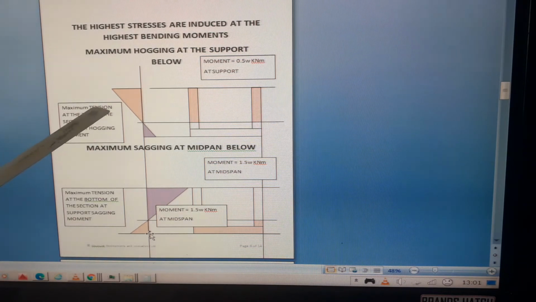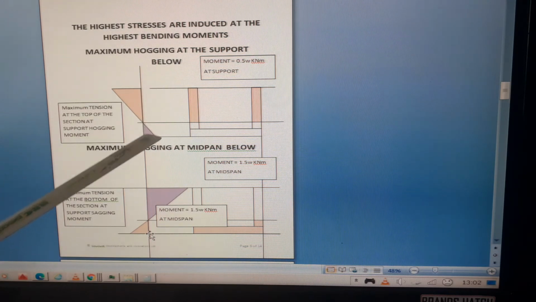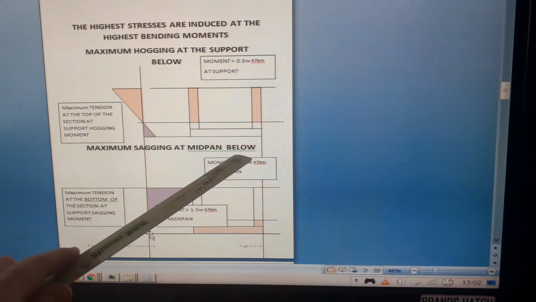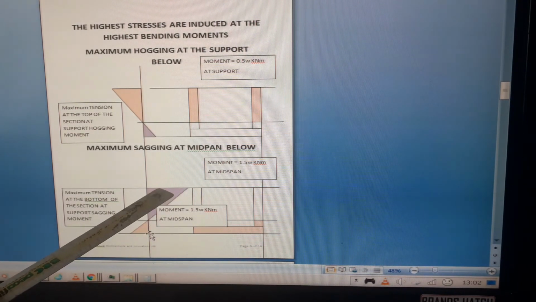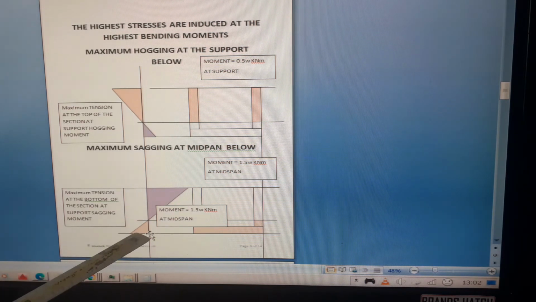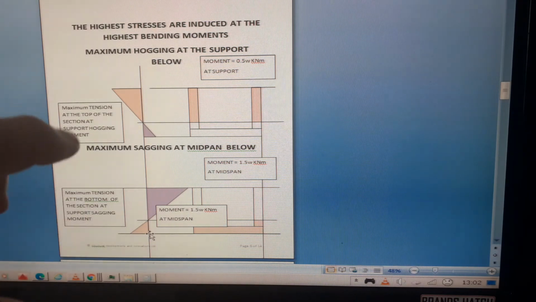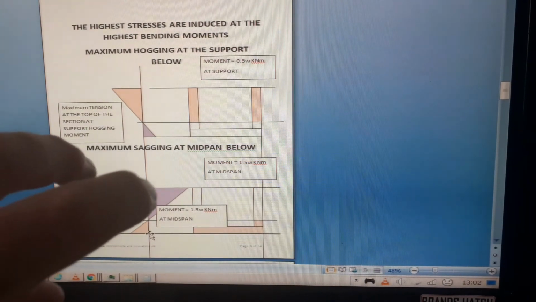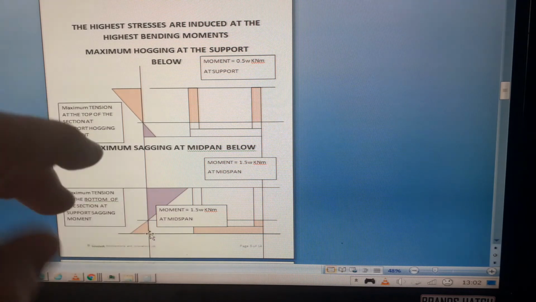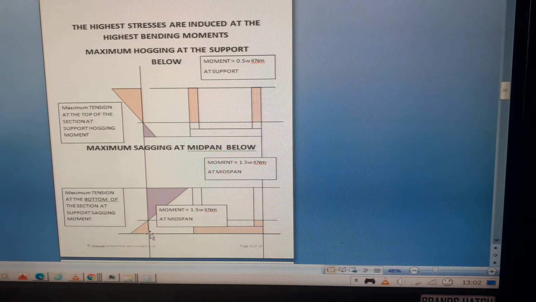That means the maximum tension at the top of the section at support. So tension at the top at the support, compression at the bottom at the support. And we've got maximum sagging at midspan. We've got maximum compression at the top, maximum tension at the bottom. So basically, it's just inversing. At the support, it's going to try and snap it at the top, and at the middle, it's going to try and snap it at the bottom. So it's reversing the stresses.